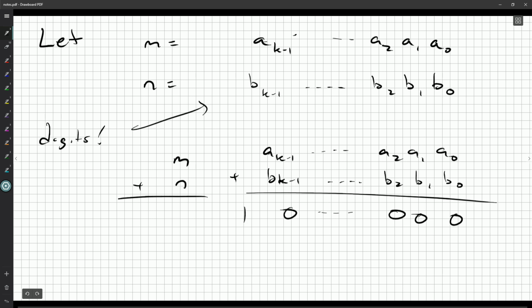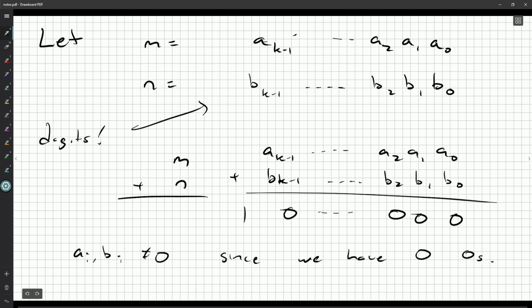Now, A and B, actually, none of these digits can be 0. We know that they can't be 0 because otherwise you're not digit balanced. So we have 0 zeros because m and n are digit balanced. We don't really need to justify that much.